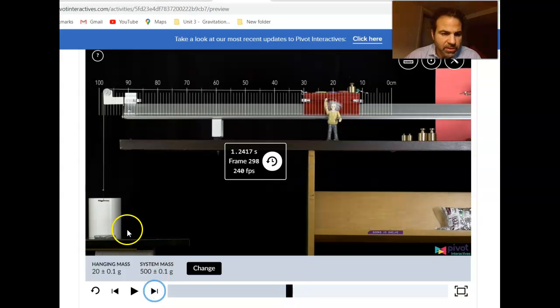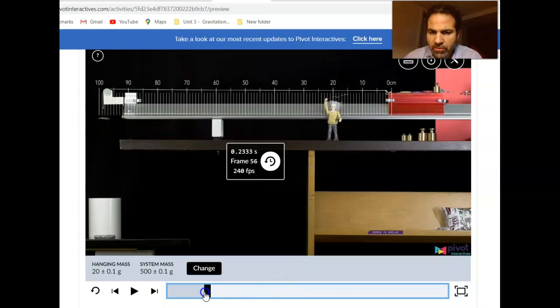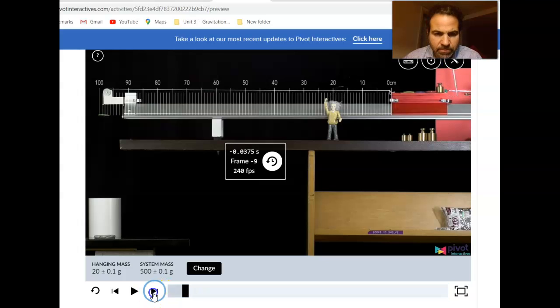All right, see, it took 1.2417 seconds. You know what? I don't know if I reset my timer. Let's try that again. All right. Yep, I did reset my timer. Sorry, starting at 0.